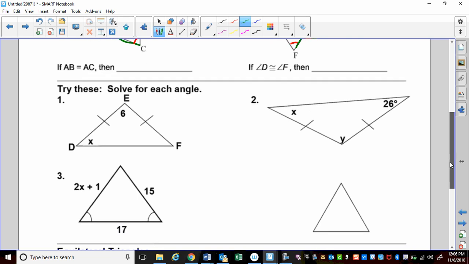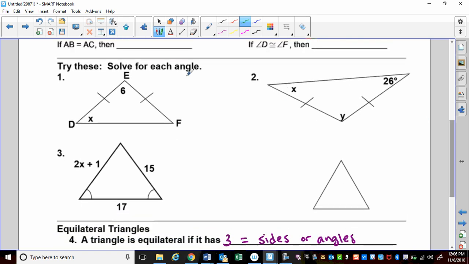If we want to solve these, we're really going to use the fact that the angles in a triangle add up to equal 180. So if this one is x, and these are my congruent sides, then my opposite angles are equal. So if this one is x, then this one is also x. And now I know that x plus x plus 6 equals 180.